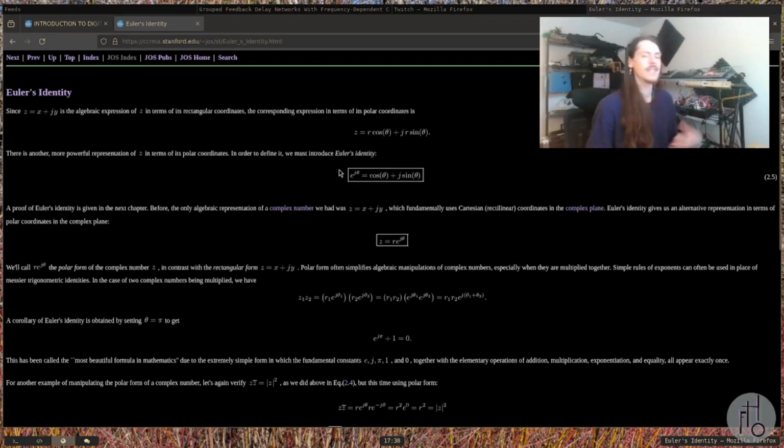Okay, there is an intimate relationship between e to the i something and cosine something plus i sine something, right? So e to the i theta is equal to cosine theta plus i sine theta. And I'm saying i even though it says j here. You might see this. Engineers like to use j, and physics and math people like to use i.